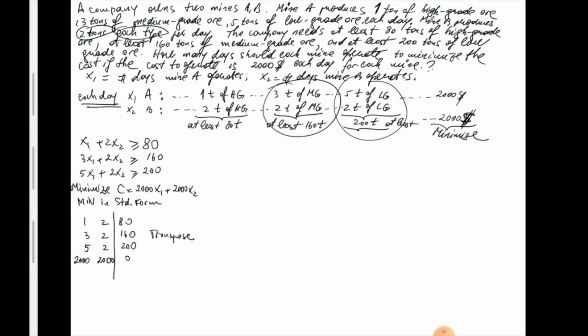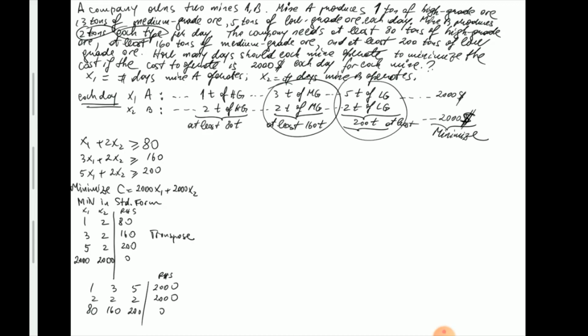So remember the meaning of this matrix. This is for the variables and for the right hand side. Now we transpose, first column becomes the first row: 1, 3, 5, 2,000, 2, 2, 2, 2,000, 80, 160, 200, and 0.